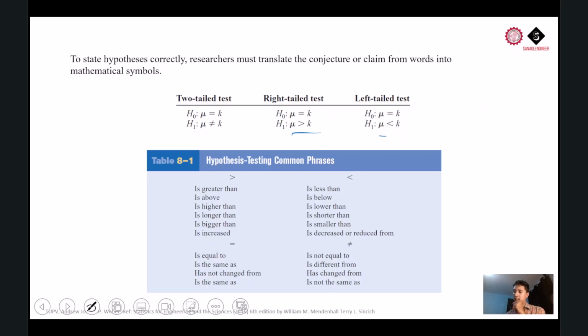Left-tailed test: equal, less than. And these are just examples of some of the common phrases that are used to describe whether the claim or hypothesis is two-tailed or right-tailed. Like is equal to, is the same, is shorter than, is longer than, has increased, and so on.